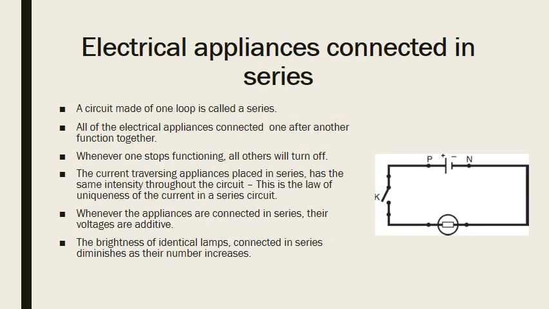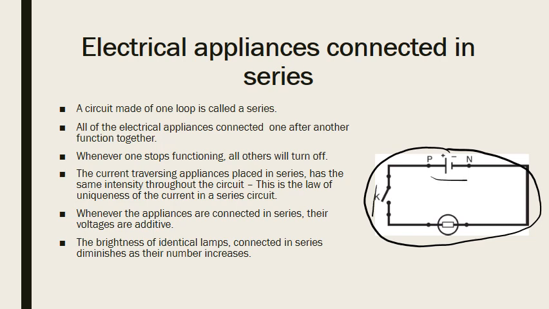Electrical appliances connected in series. As you can see in this figure, these are all connected in series. This is because the circuit is made out of one loop. So here you can see there's only one loop. All of the electrical appliances are connected one after the other. So we've got the battery, then the switch, then the lamp, and they function together.